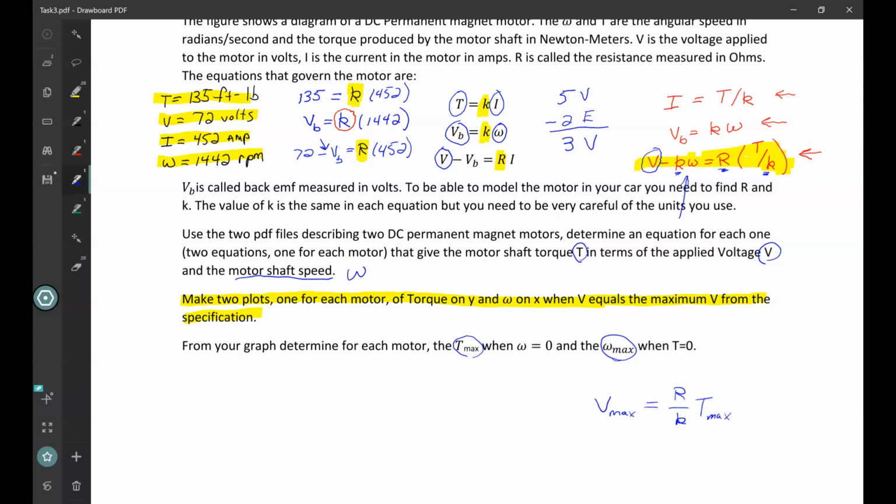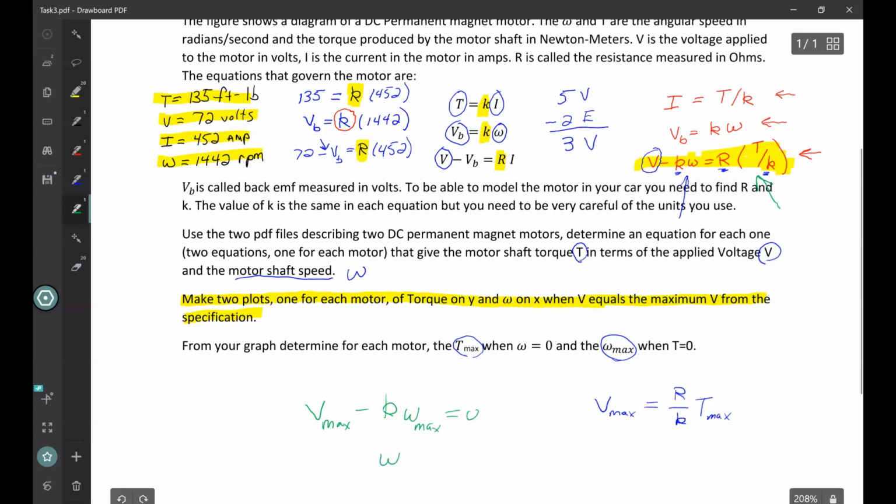It also says to find the omega max when torque equals 0. So what you can do for that one is go in there and you put in a 0 for the torque and solve for omega. And what you'll find is that voltage max from your motor minus K omega max is equal to 0.